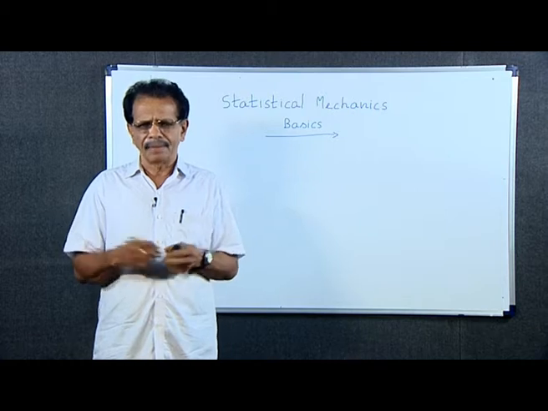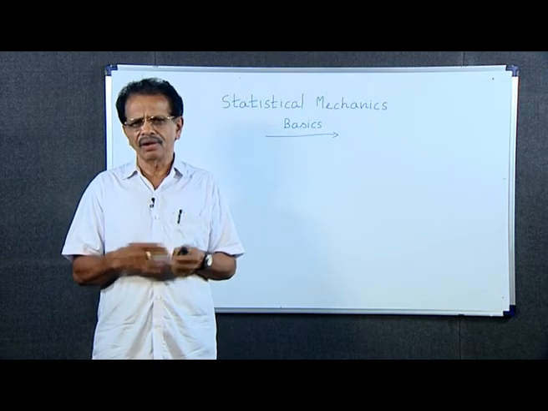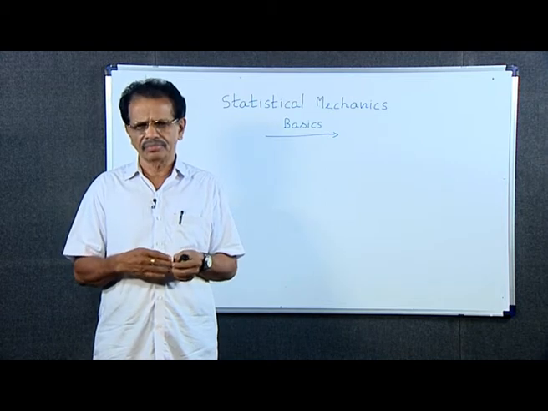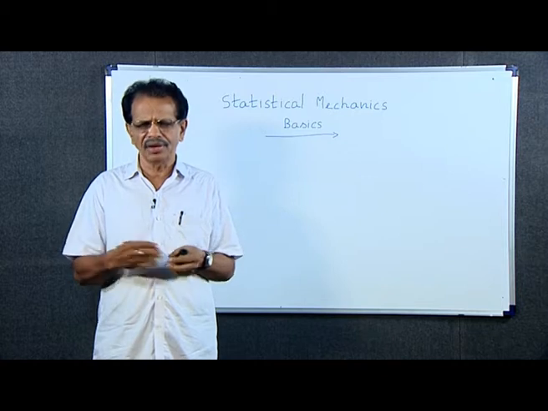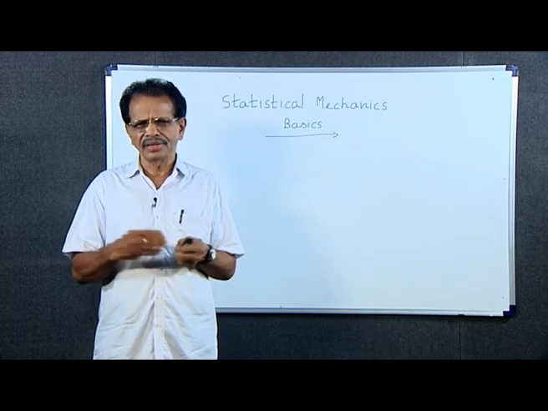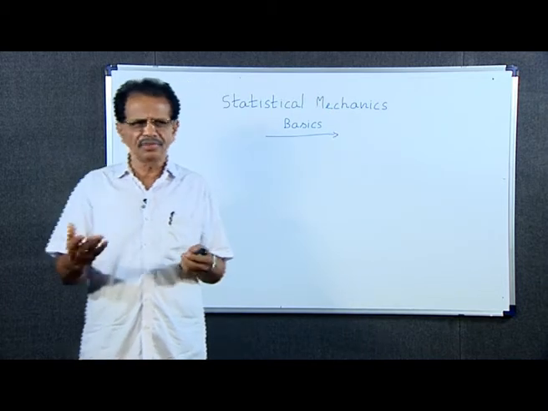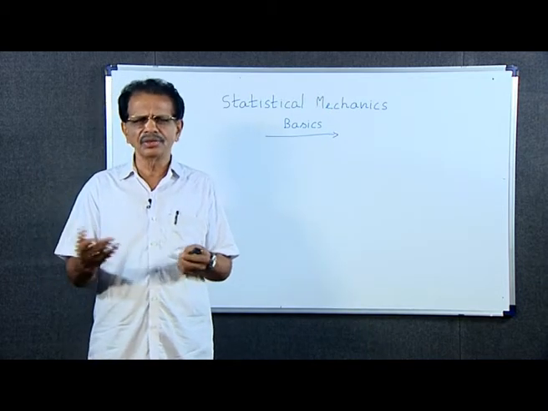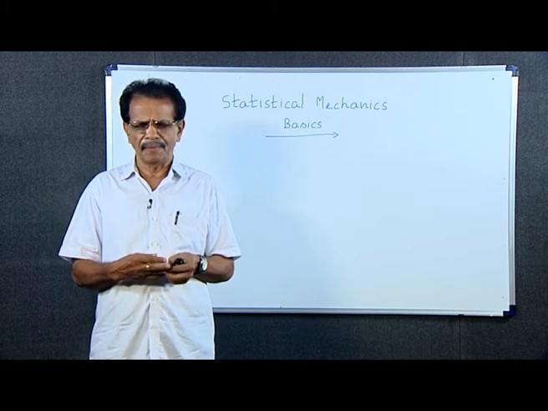In thermodynamics you have realized a quantity which is called the entropy. Entropy has been used in many contexts to identify the physical properties, and according to the second law of thermodynamics, as you all know, entropy is maximum when the system reaches equilibrium.